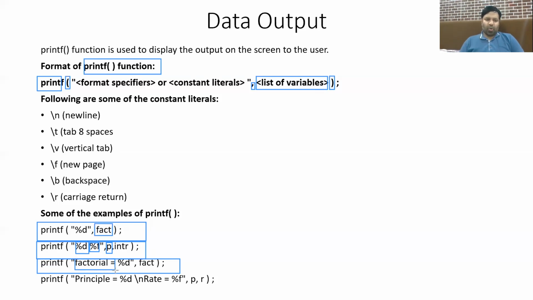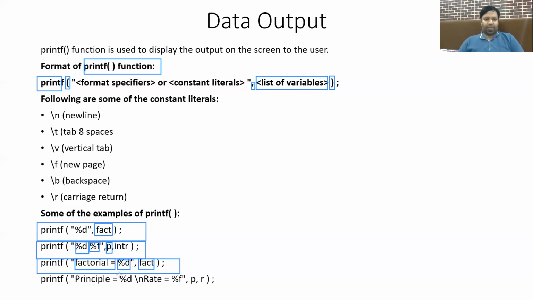So no matter what is the value of the fact variable, factorial is equal to will always be displayed like this on the screen. Now factorial is equal to is followed by the format specifier %d, which means we want to display the value of fact. So what will be the output if the value of fact is 10? The output of this statement will be factorial is equal to 10.